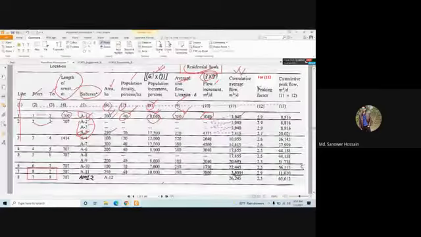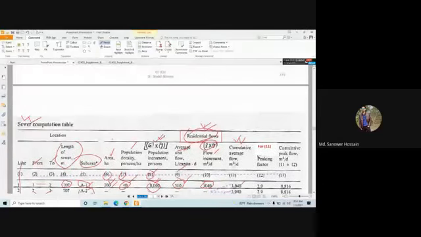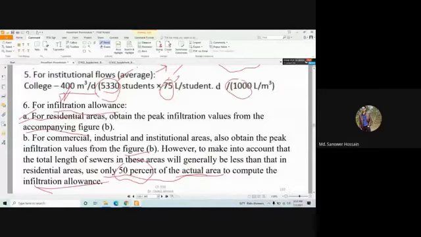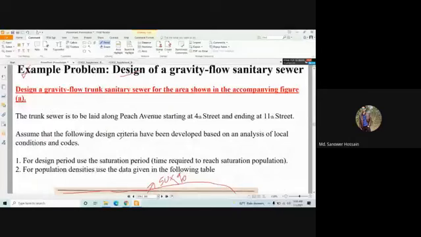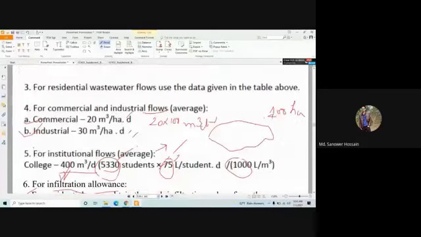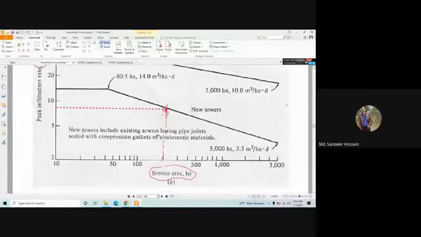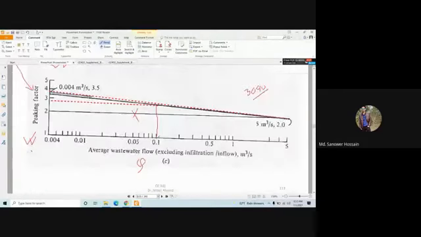So 0.035. 0.01, 0.02, 0.03, 0.04. 0.035 is here, right?